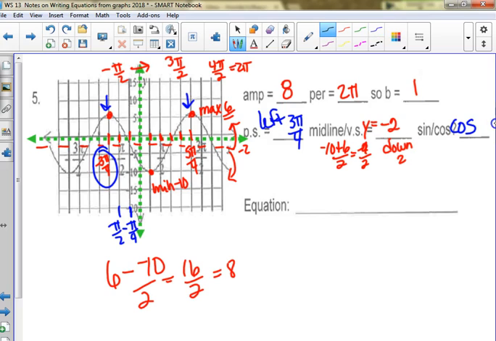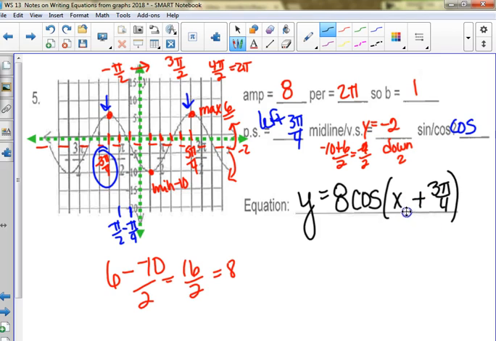Melanie, you put it together for me? If it's left, we actually need, there we go. And B is just 1, so we don't need another set of parentheses if we don't want to. Perfect.